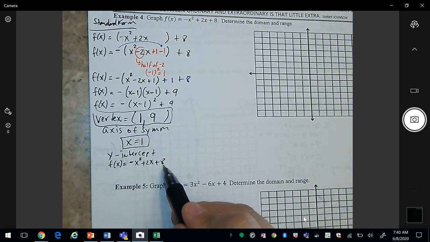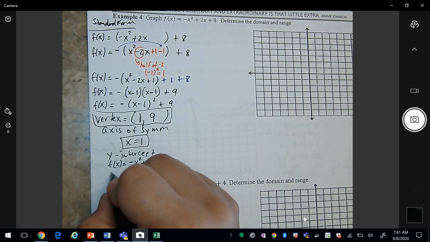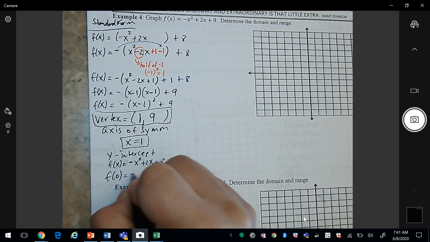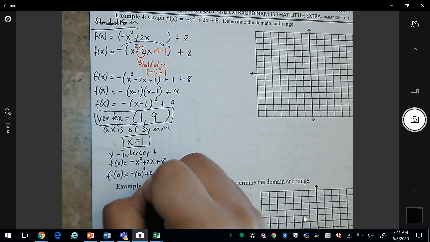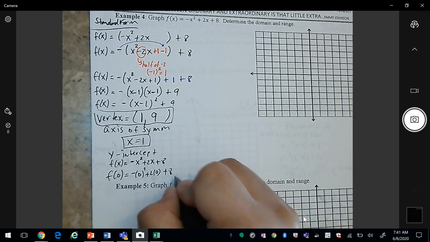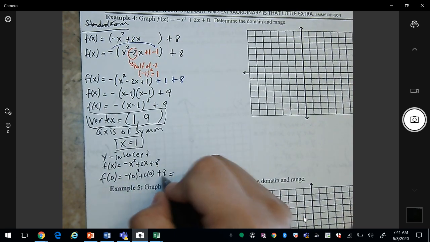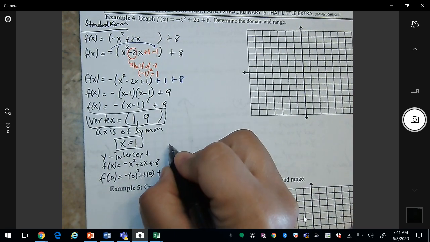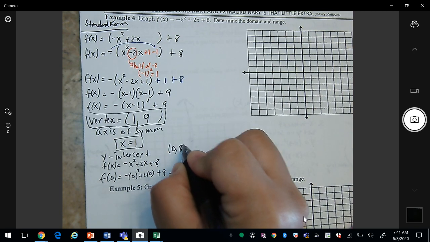So again, your y-intercept is just this number out here. And the reason is if x is 0, then everything becomes 0 except for that number. So my y-intercept is at 0, 8.